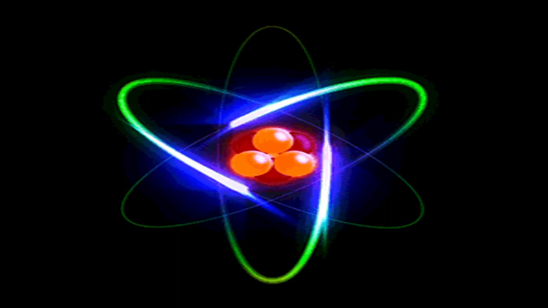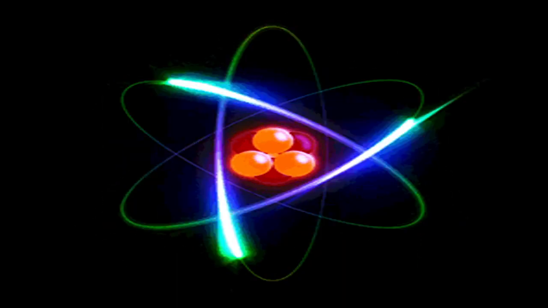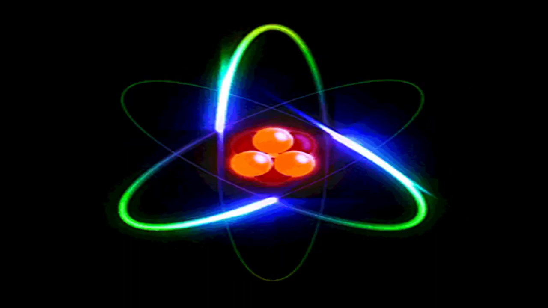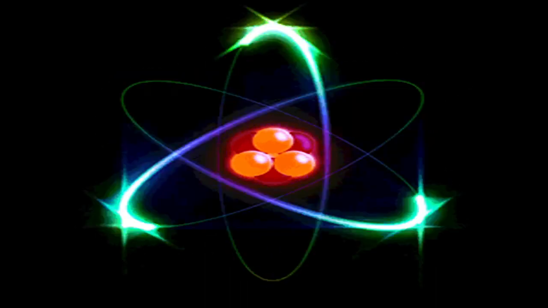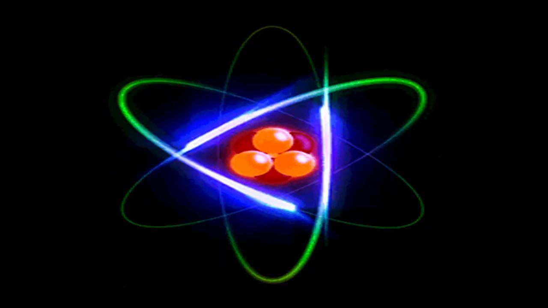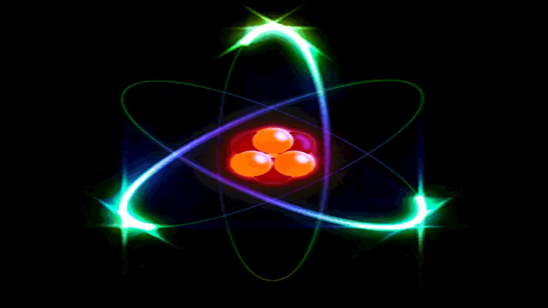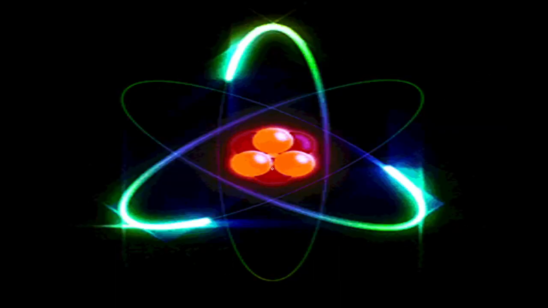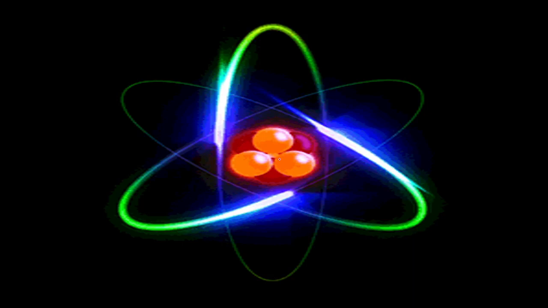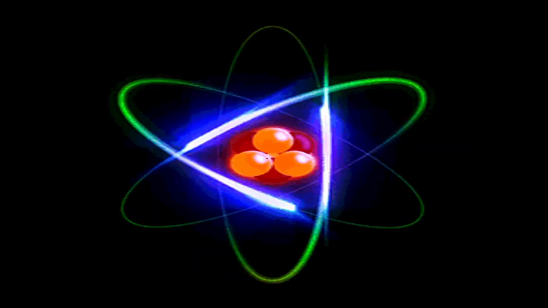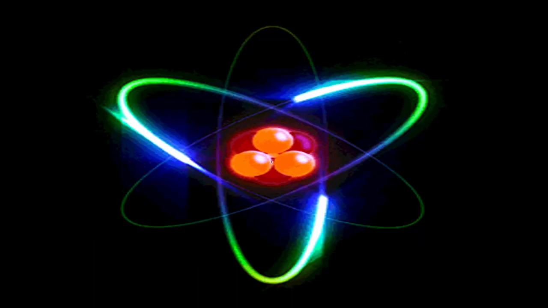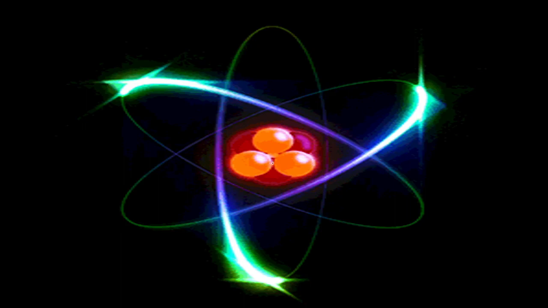So in this particular diagram, you can look at the centrally located nucleus, which has the proton and also the neutron. The orange part there is just showing the centrally located nucleus, which is made up of the protons and the neutrons. The proton and the neutron are where mostly the mass of the atom lies, because they have what we call mass.